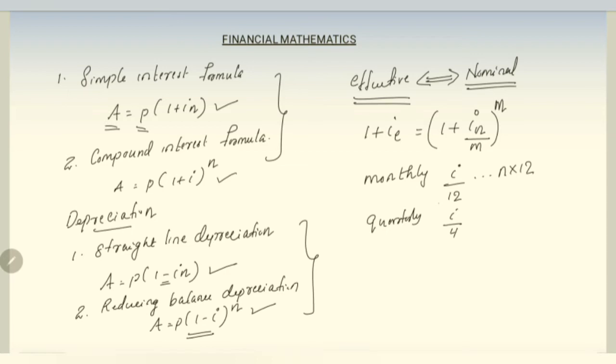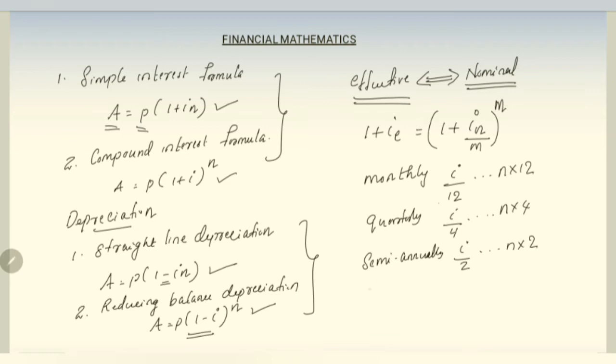That is 4 quarters. Each quarter means 3 months. So the corresponding change for n is n times 4. Then if it is semi-annually, i divided by 2, which means n times 2. You have to change it in the formula.